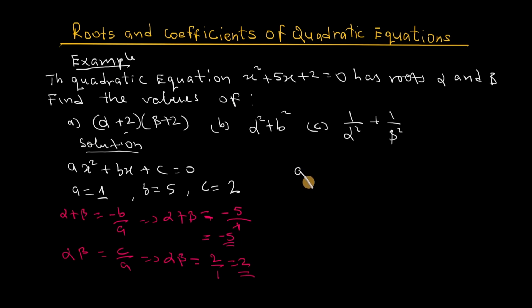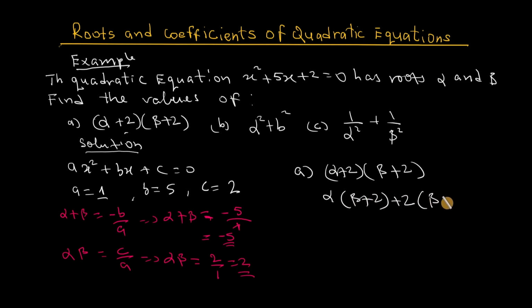In the a part, we are required to look for the value of alpha plus 2 times beta plus 2. We need to multiply this out so that we have this expression in terms of alpha plus beta and alpha beta. Alpha plus 2 times beta plus 2.